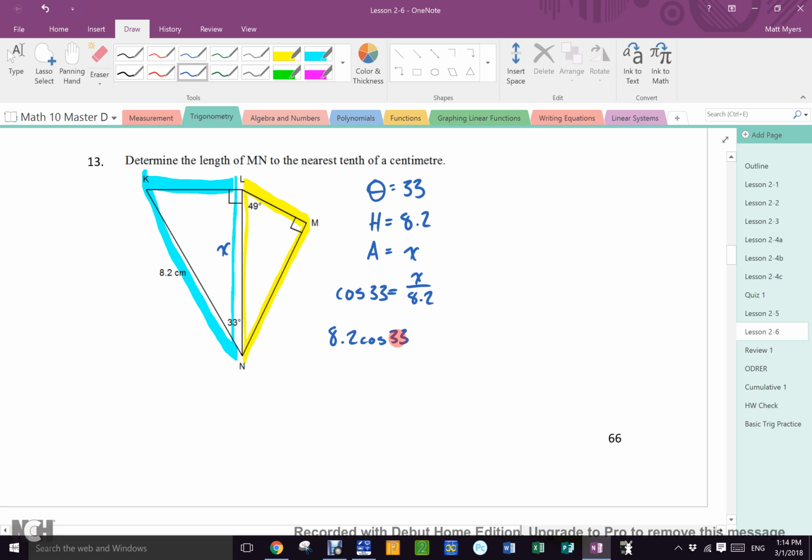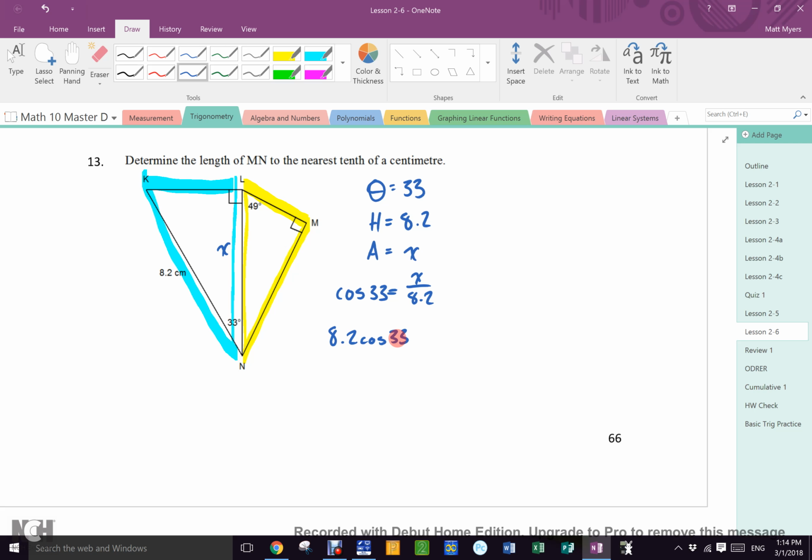Should I go to my calculator now? Can I go to my calculator now? Yes. If I want the best possible answer, should I? No. Which one does Mr. Myers want? Or does he care? What direction are we heading with marking?